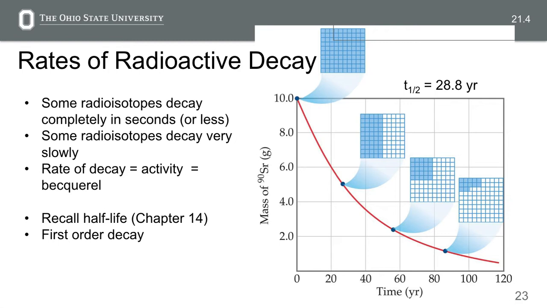All right, so we're going to have a throwback moment here to chapter 14. We do some rate laws. So this is a great time to recall your kinetics. We're going to look at rates of radioactive decay.